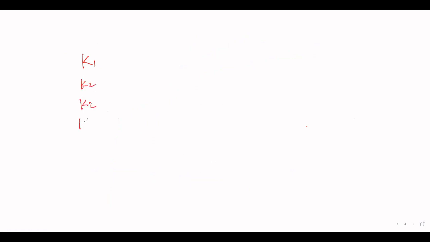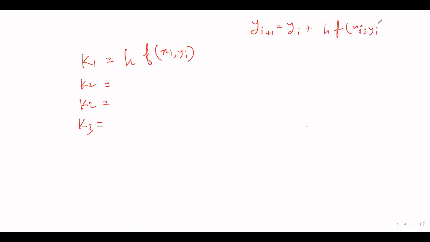You can find these equations in the book of Burden, a book that gives you a lot of burden. Okay, so k1 is h times f of xi comma yi. So what is k1? Technically, k1 is in the Euler method equation. You can see that we actually use k1 here.